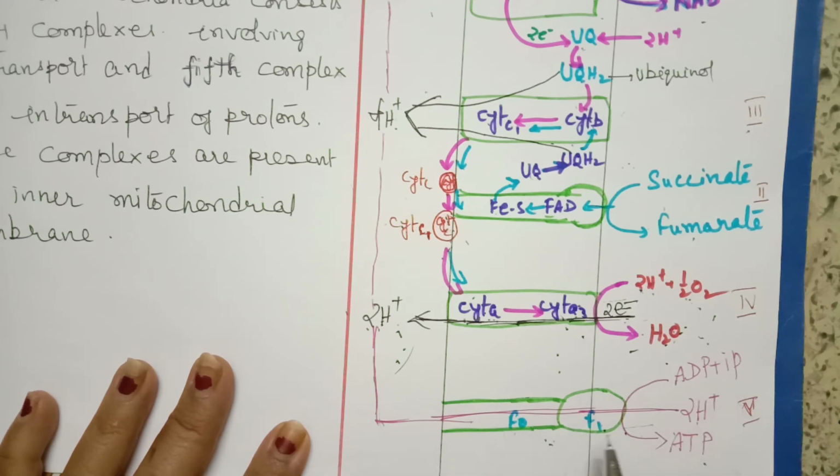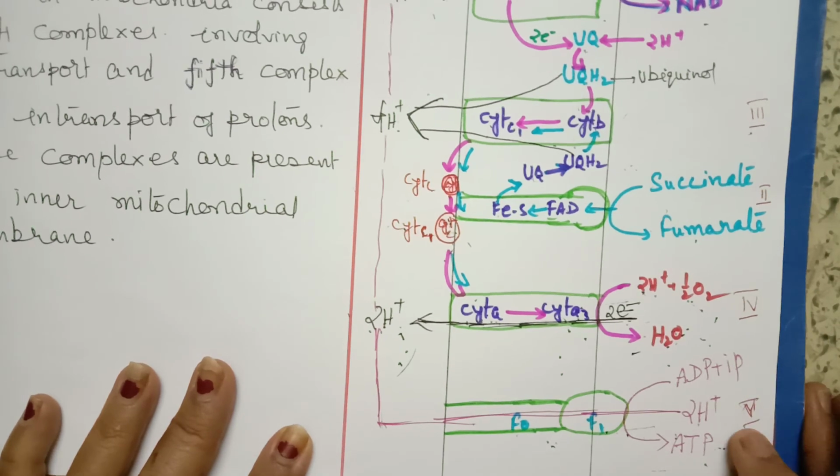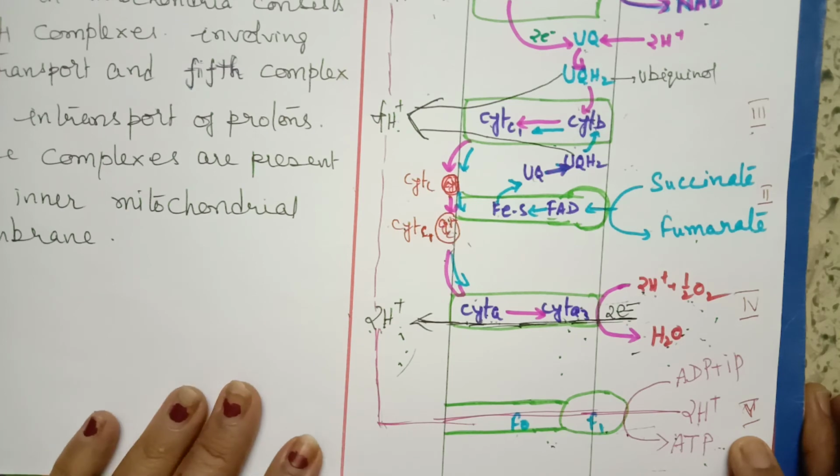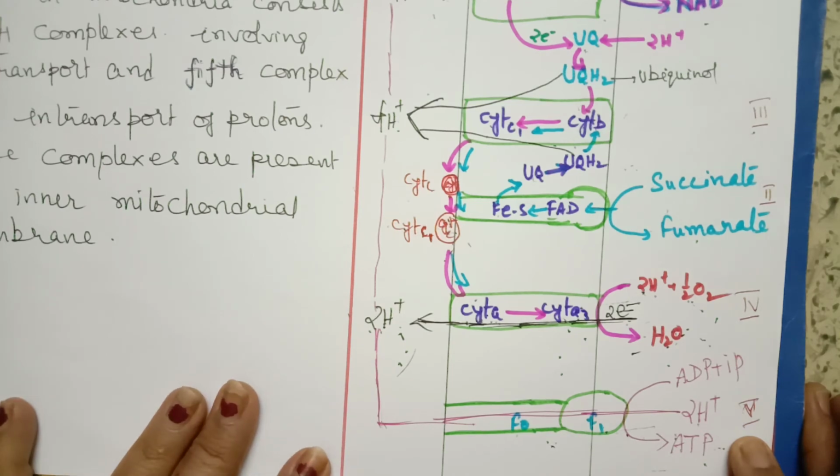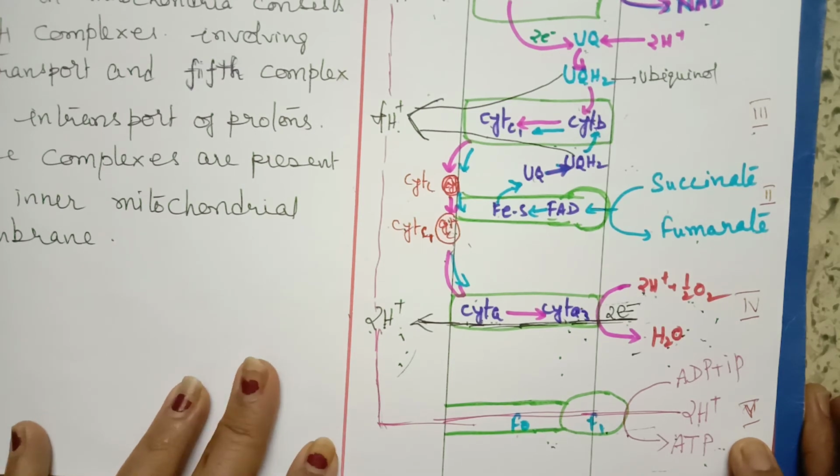Here we have already done that F0 is the proton channel, F1 is the site for ATP synthesis. This we also call a facilitated diffusion of protons. For every 2 protons, there is synthesis of 1 ATP molecule. So this is what we have done under electron transport and proton translocation for synthesis of ATP.